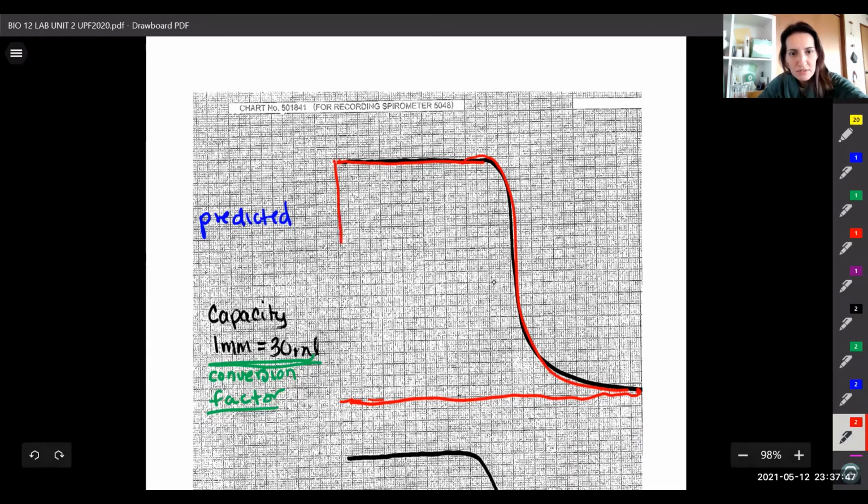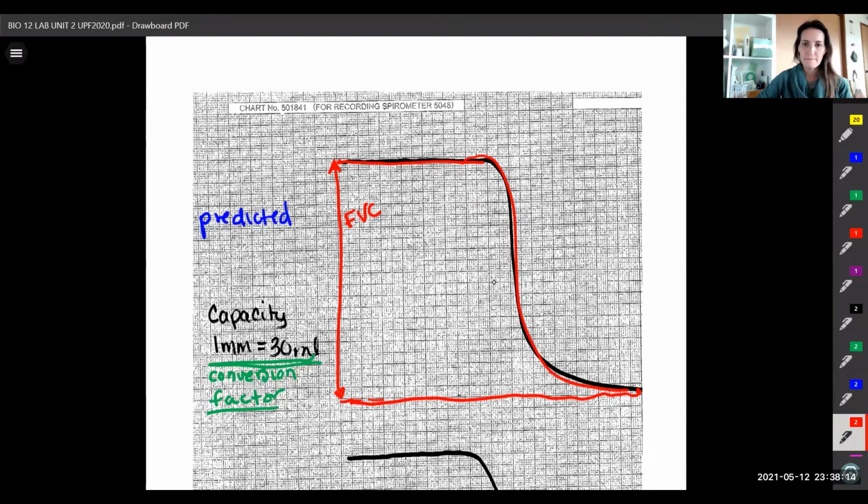And from the top to the bottom here, this represents my forced vital capacity. The individual took that maximum inhalation, and that's the maximum they were able to exhale into the spirometer, right?